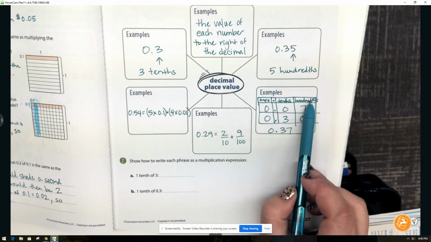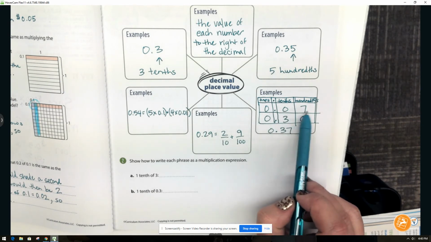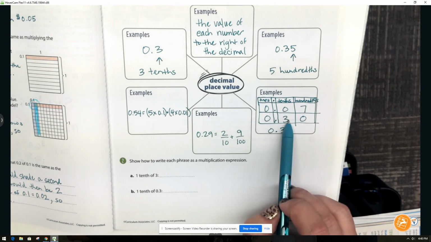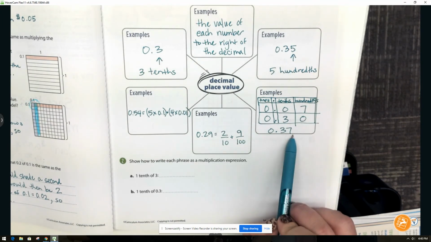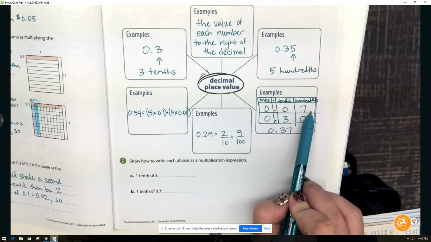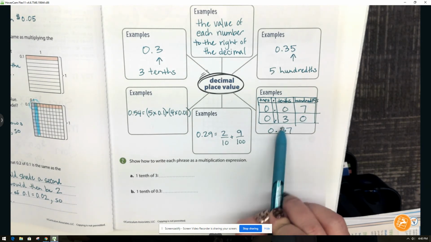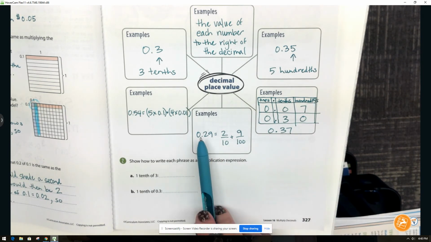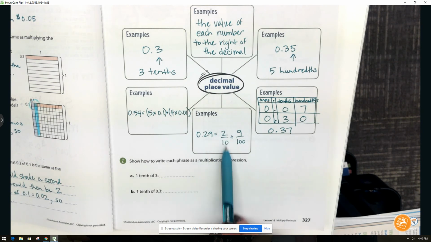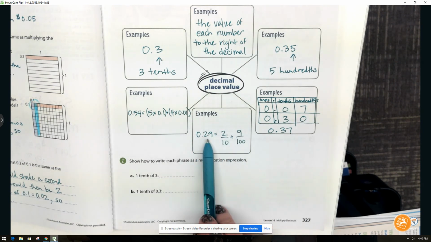If we look over at this place value chart and we have 7 hundredths and 3 tenths, we know that we can put in that 0 placeholder and add them, or we know that we have 37 hundredths, because there's a 3 in the tenths place and a 7 in the hundredths place. Finally, we could rewrite 29 hundredths to be 2 tenths plus 9 hundredths, because there's a 2 in the tenths place and a 9 in the hundredths place.